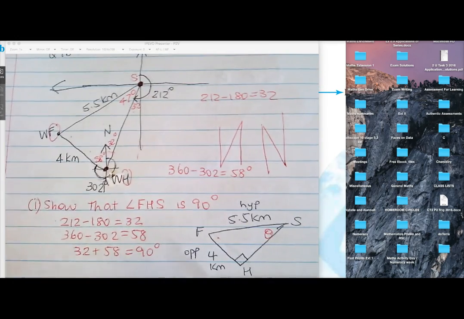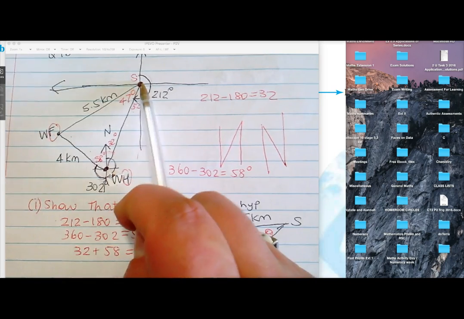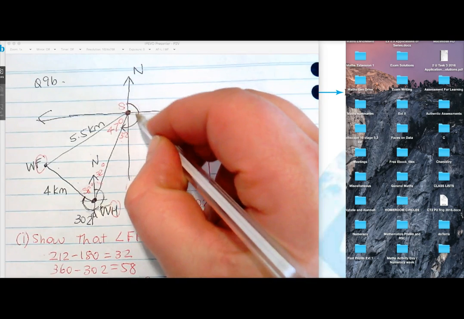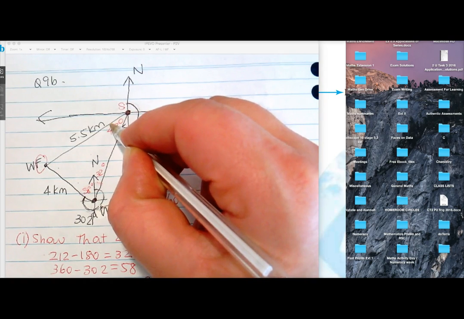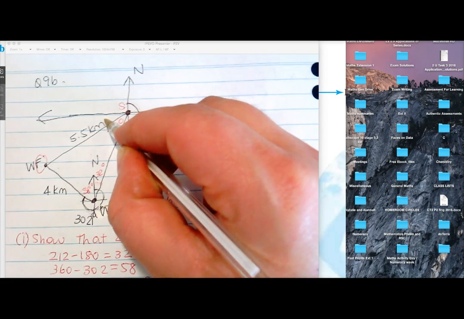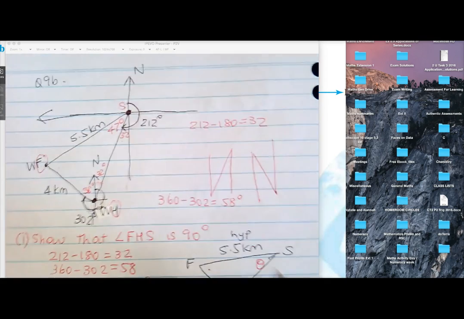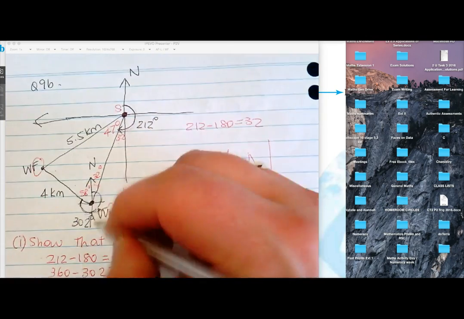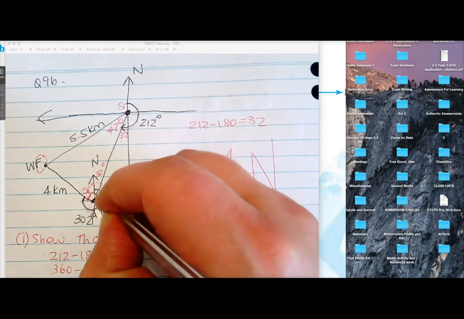The bearing of the waterfall from the start. Start from the start, go north and go clockwise until you find the waterfall. It's the 212 plus the 47. Can you see it? So I worked out that 47. I put it here because that's what I've worked out, because this is the 90-degree angle.